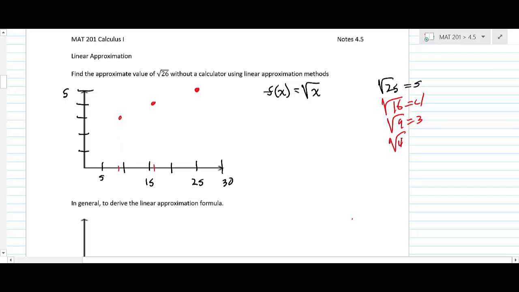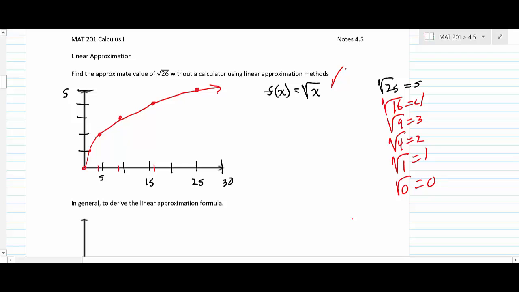The square root of 4 is 2, so over 4 you'd be up 2. The square root of 1 is 1, and the square root of 0 is 0. So I'm just getting some accurate points. That's going to be the graph of f of x equals square root of x.